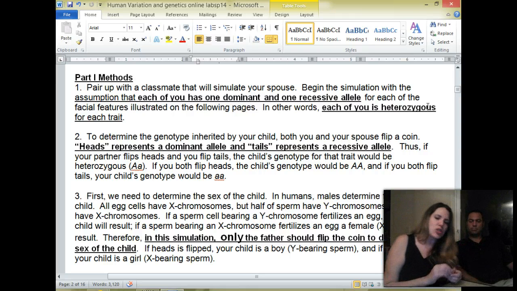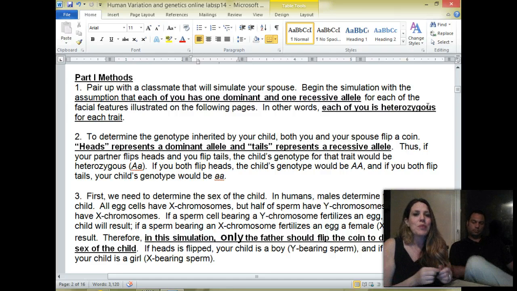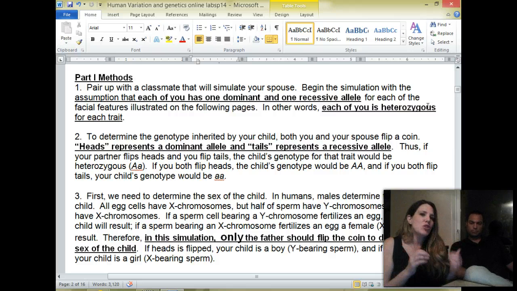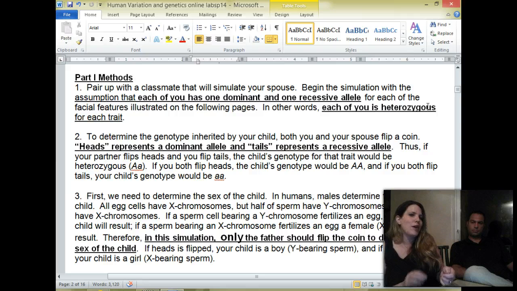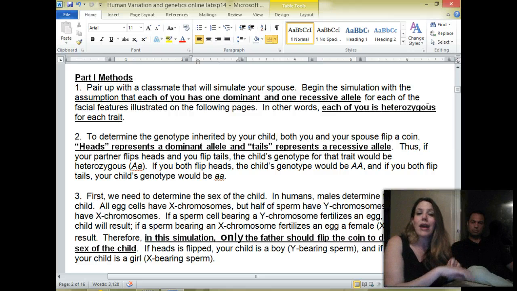So how are we going to determine which allele gets passed to this baby for each trait? Well, we're going to use this penny to illustrate the effect of the law of independent assortment. Each of us, for each trait, will flip the coin. And you want to do it like this so that you have the best chance of getting 50-50. Just flip, grab, put it over. And in this case, I got heads.